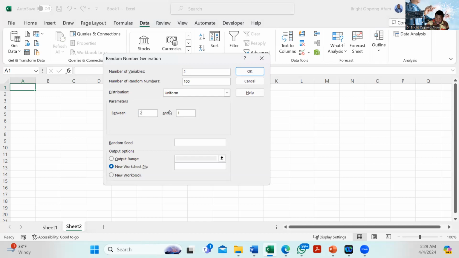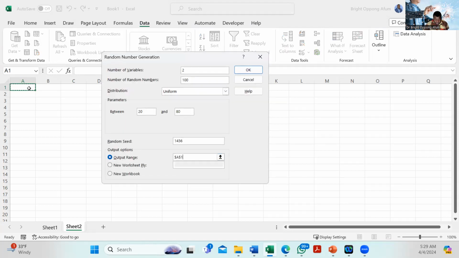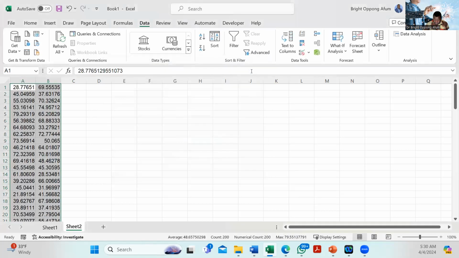Assuming one is 20 and the other is 80, and assuming we have a seed value of 1456, and I want to output the random variables in column A. So when I click on OK, it's going to generate the random variables for me.